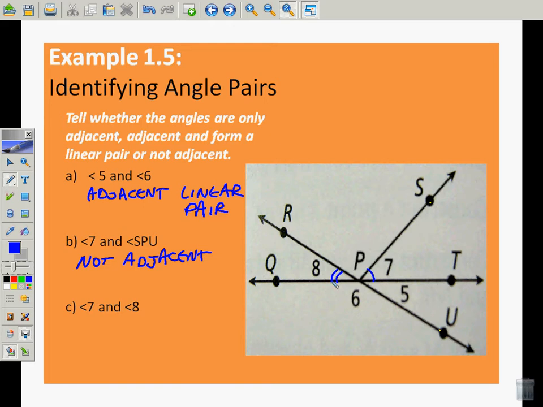But remember, they must be not adjacent because they don't share a common side. This ray here is not common to both. They each have two distinct sides, and if they don't share a common side, they cannot be adjacent angles. So these are not adjacent. They don't share a side.